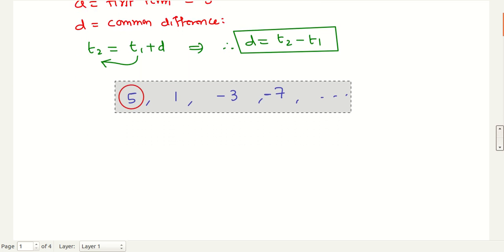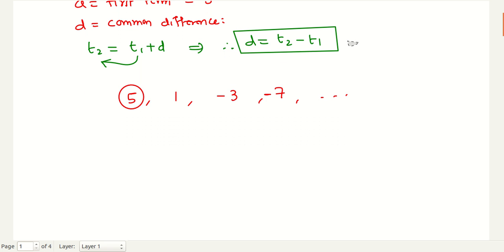Now what is the formula of D? T2 minus T1. So this is T1, this is T2, this is T3, this is T4. Since this is the first problem, I am showing you in detail. For D, it is T2 minus T1, so 1 minus 5 becomes minus 4.